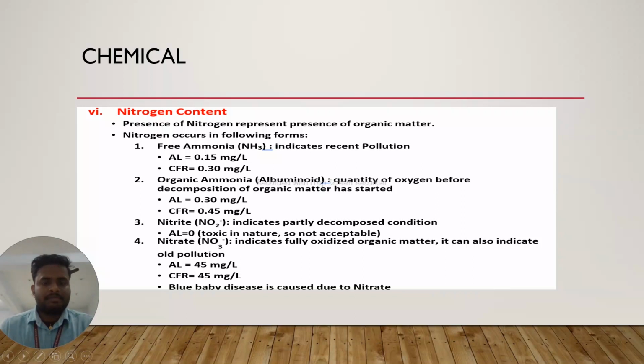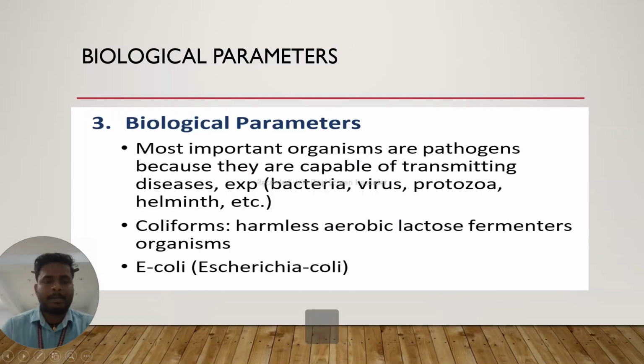But nitrate indicates fully oxidized organic matter, and can also indicate old pollution. Acceptable limit is 45 milligram per liter, cause for rejection 45 milligram per liter, and this is the main cause of blue baby disease, which is caused due to nitrate. Actually, it is an important one. So how does blue baby disease occur due to nitrate?